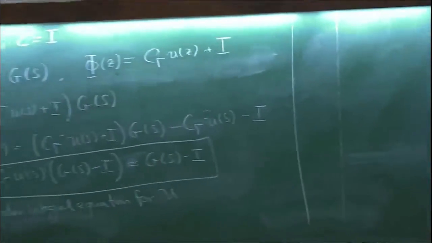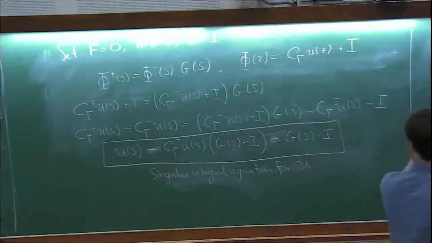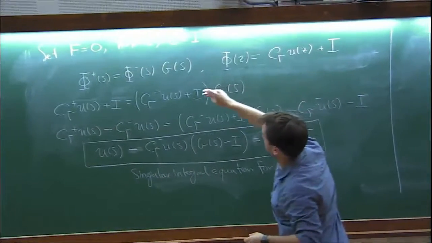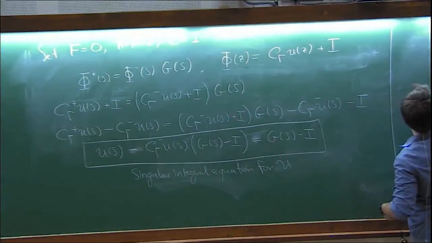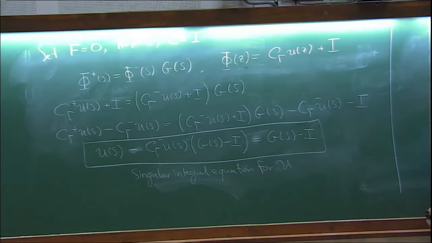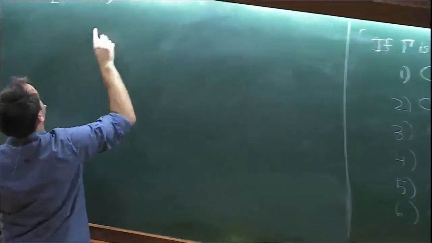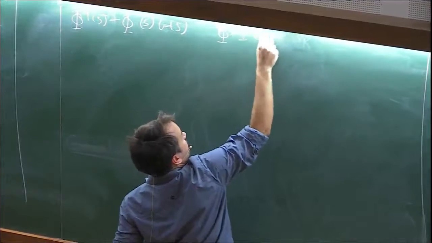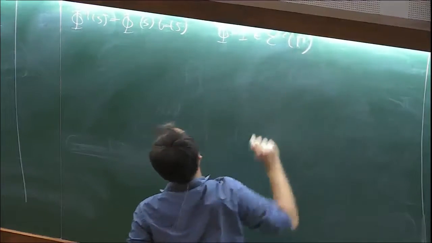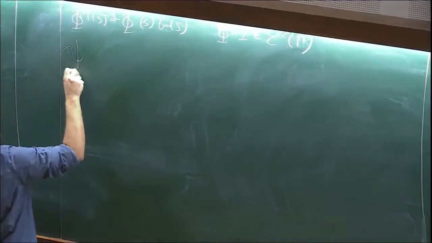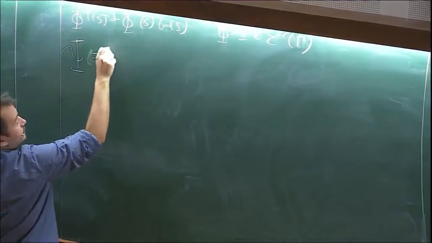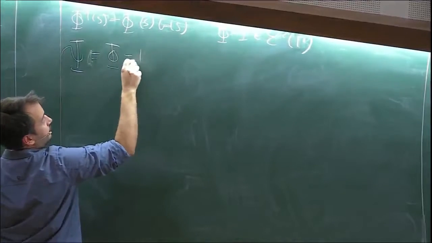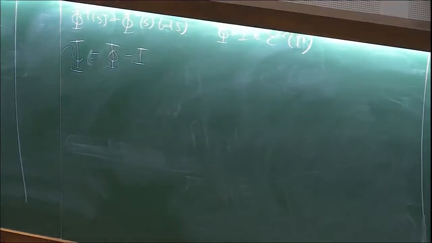Let me summarize it: phi plus of S equals phi minus of S, G of S. I could define a new function, call it psi, which is just phi minus I. This is straight away in the Hardy space, so in a heuristic sense, it decays at infinity.